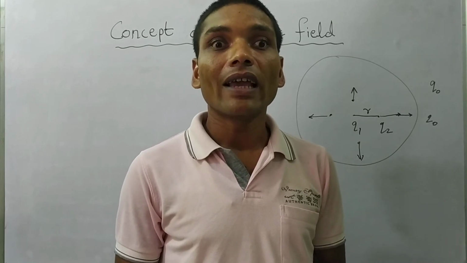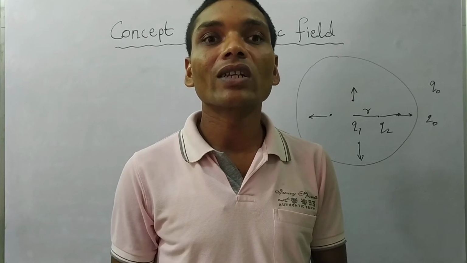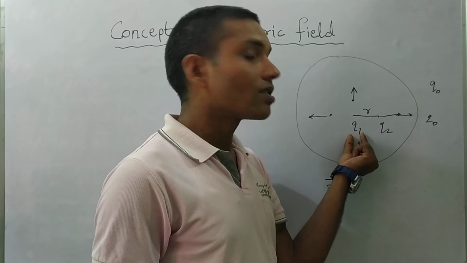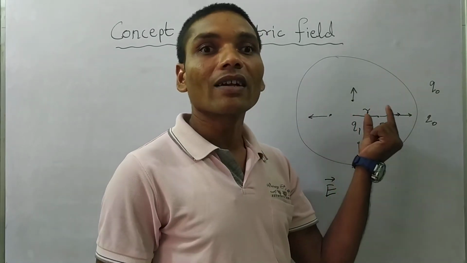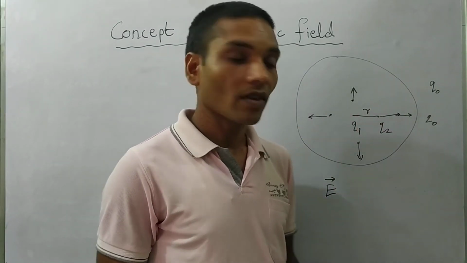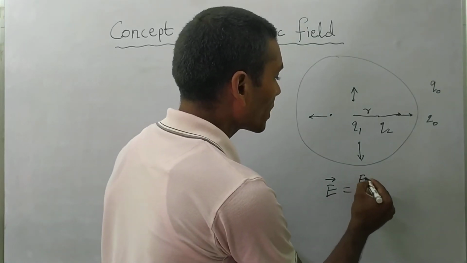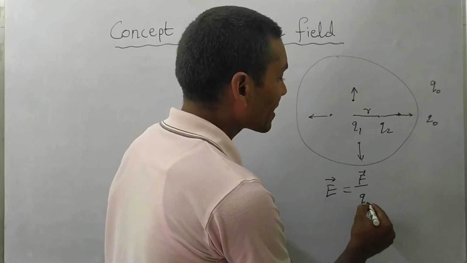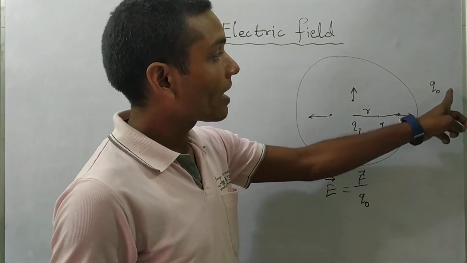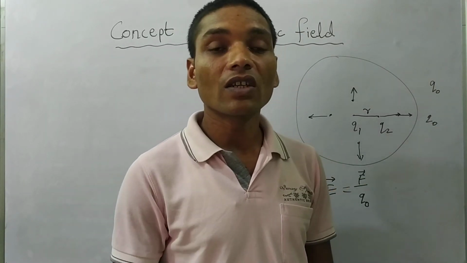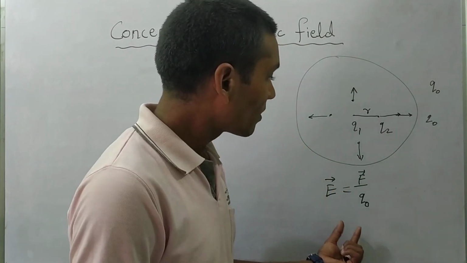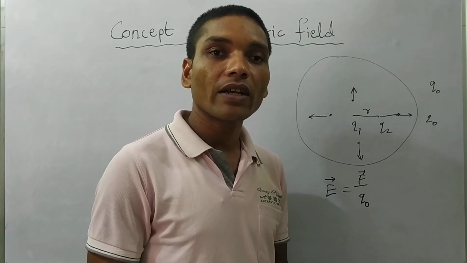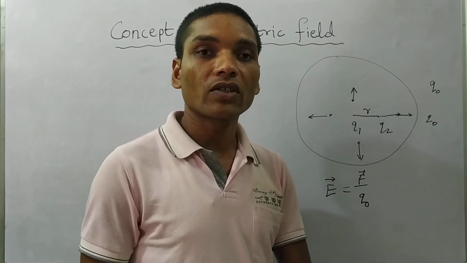Electric field is the electrostatic force acting on a test charge due to this charge in this electrical environment. This is equal to the electrostatic force on a unit positive test charge Q0. This test charge is taken as a positive charge. This is the formula of electric field, or intensity of electric field, or electric field strength.